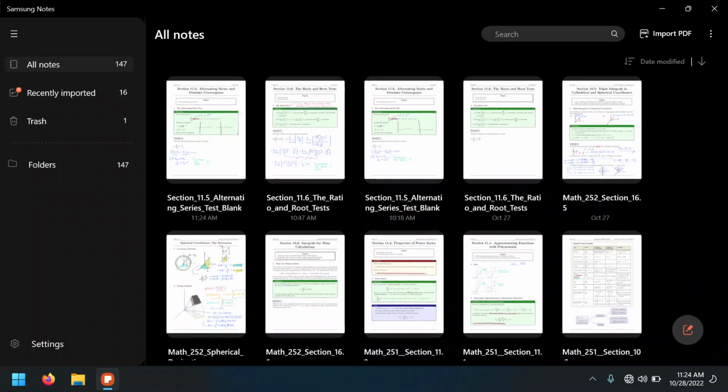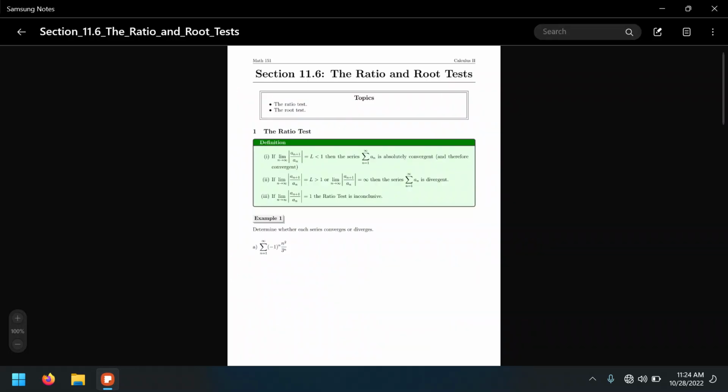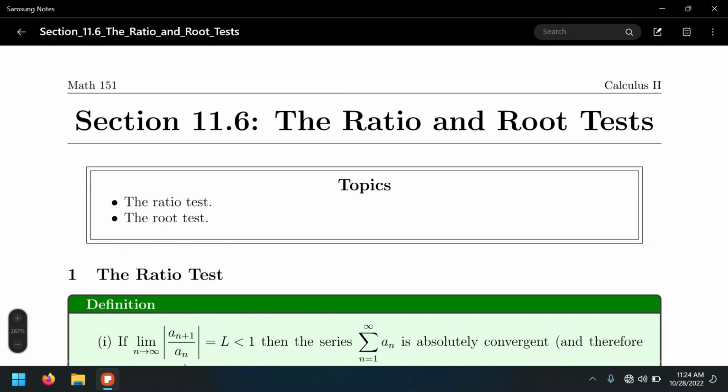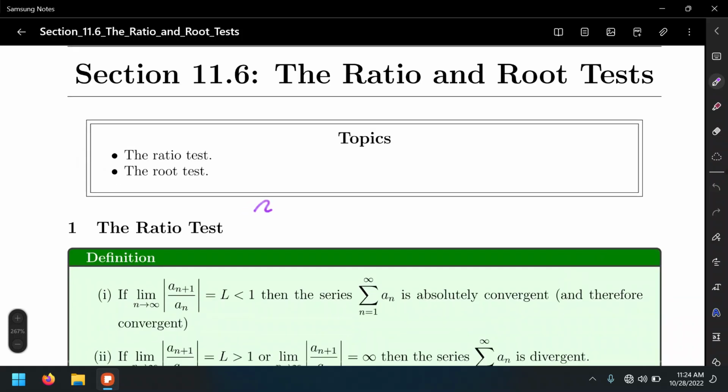All right, let's have a look at the ratio test, the last two techniques: ratio test and root test. The ratio test is going to be your best friend for factorials.